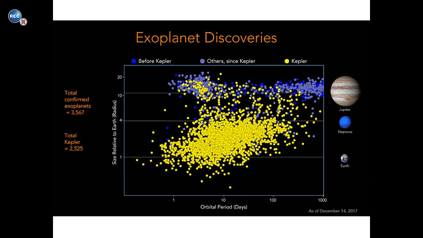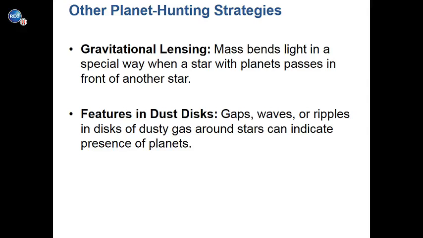Other methods have found a lot of planets also in that group from Jupiter to Neptune. Kepler has managed to find some that go between Neptune and Earth. So, super Earths, in a sense, between 1 and 4 Earth radii. And it's found something like 2/3 of all the discovered exoplanets. It's been pretty productive.